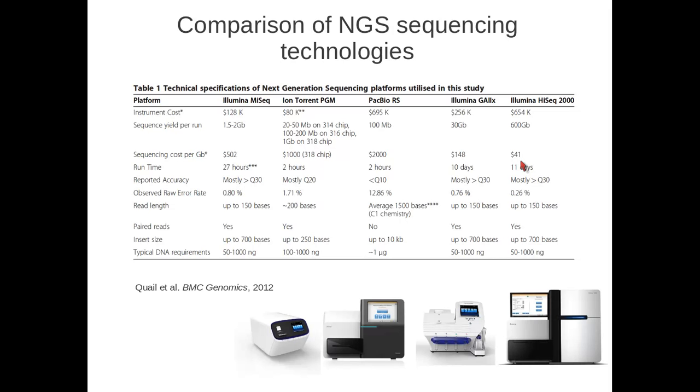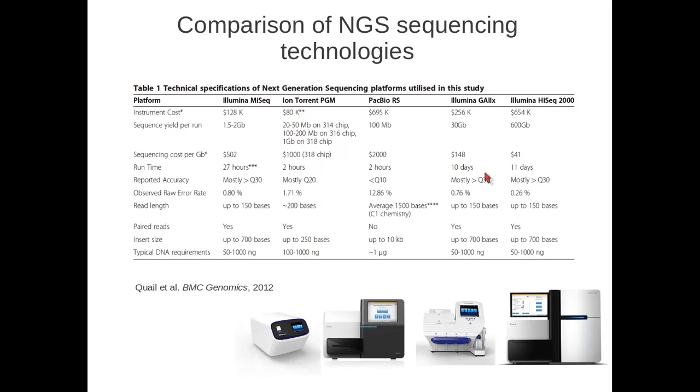The human genome is 3 gigabases, so 3 times about $50, $150 to get to 1x. But then for maybe 100x, which is a quite deeply sequenced genome, we're talking somewhere around $10,000, which is a vast improvement over the multi-millions of dollars it took to obtain the very first human genome.